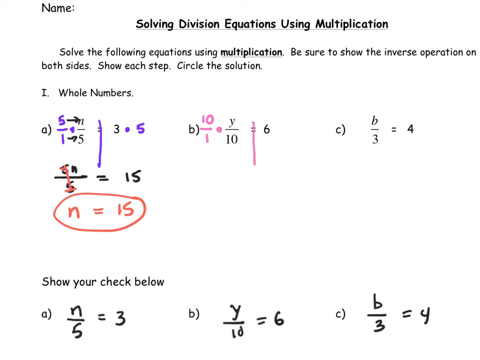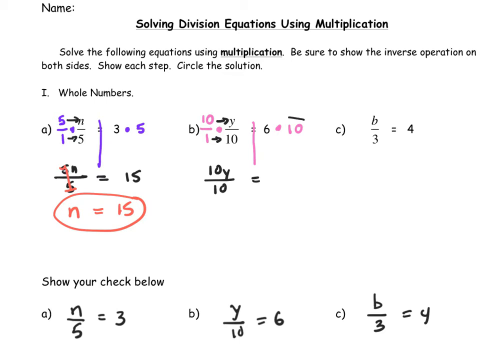And once again, whatever we do on one side of an equation when we're solving it, we have to do on the other side. But since 6 is not a fraction, or doesn't look like a fraction, I'm going to use a whole number version of 10. So I am doing the same thing, I'm just choosing to write 10 in a different way. So, just like problem letter A, when I take numerator times numerator in fraction form, I get 10y, and this denominator times this denominator, 1 times 10, would be 10.